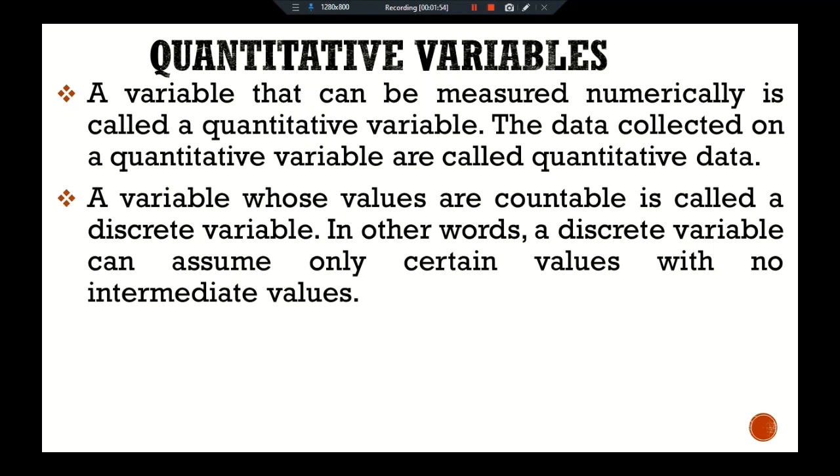So the value of a quantitative variable may be countable or non-countable. For example, we can count the number of cars owned by a family, but we cannot count the height of a family member. A variable that assumes countable values is called a discrete variable, as in the example given.